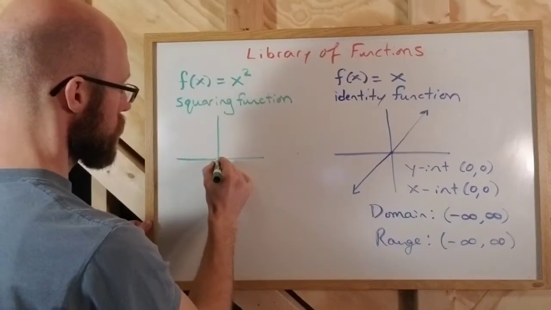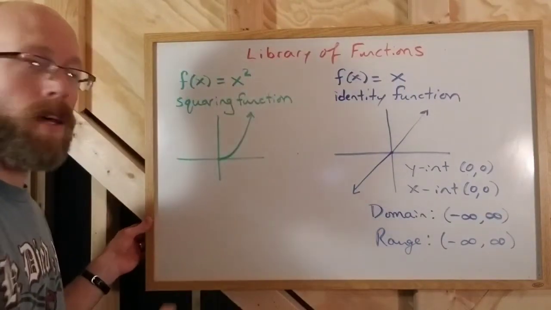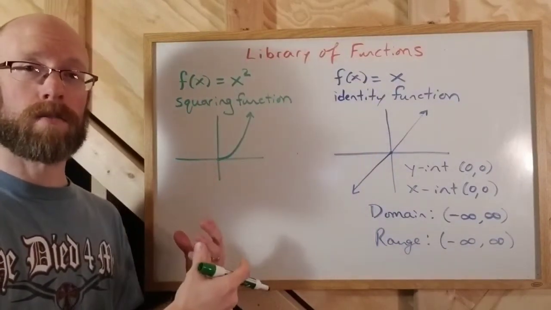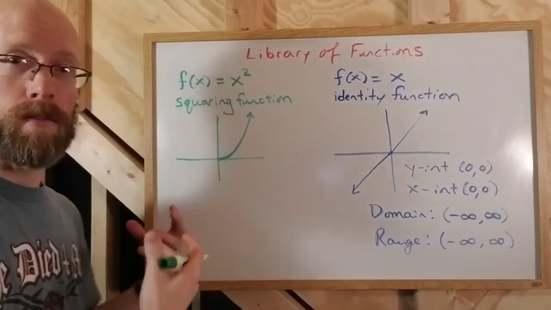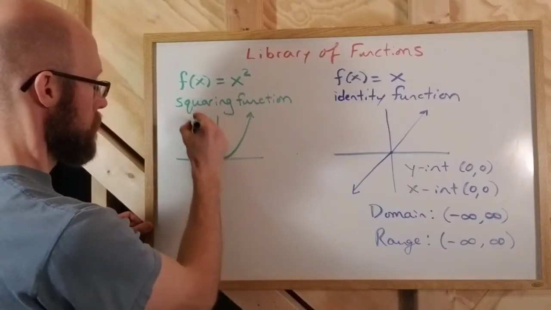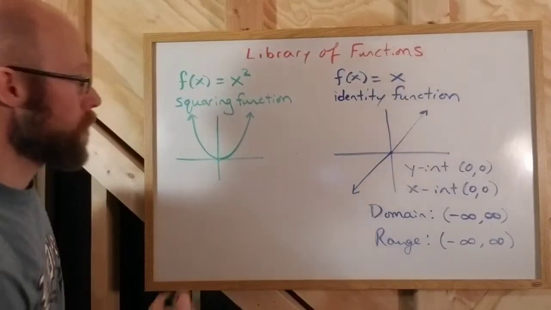And so on the right side, it's a curve that curves up and to the right. And on the left, you get a mirror image, because if I plug in -1, I get out 1. Plug in -2, I get out 4. Plug in -3, I get out 9. So it's the mirror image just on the other side. Okay, so this is what we call a parabola.